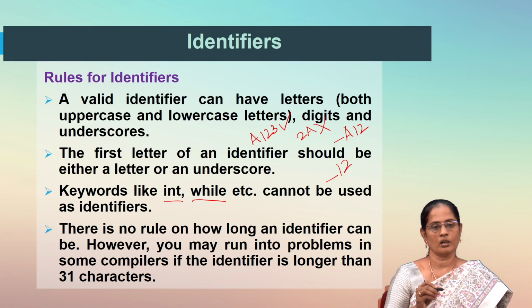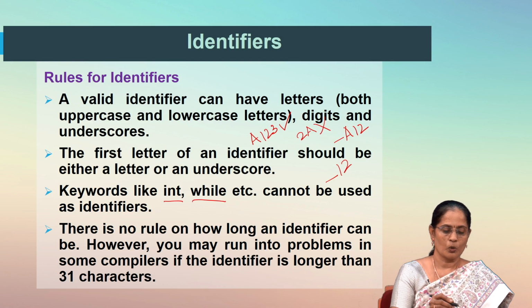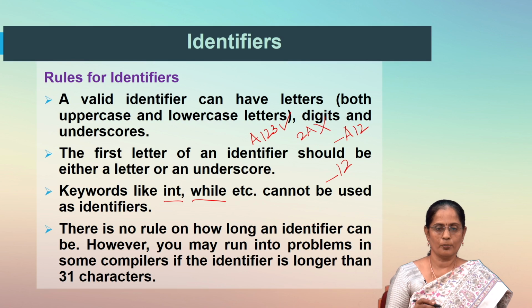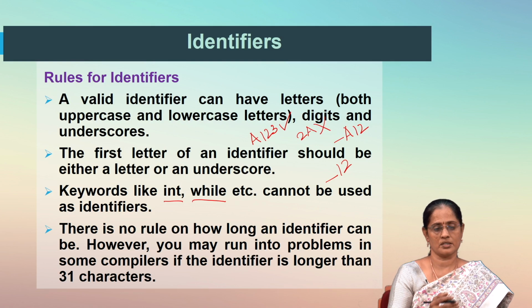Int is used for defining a variable, while is used for defining a looping statement. So, these keywords are not allowed as identifiers, because the compiler will get confused if we use a word which is already defined by the compiler.